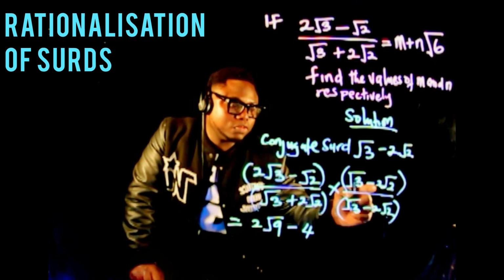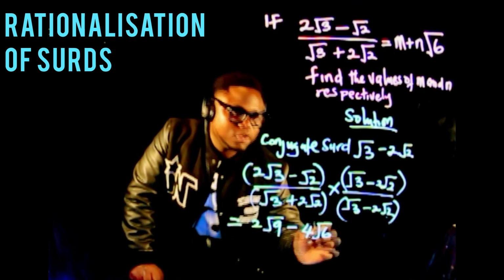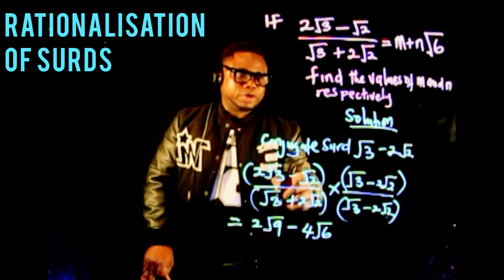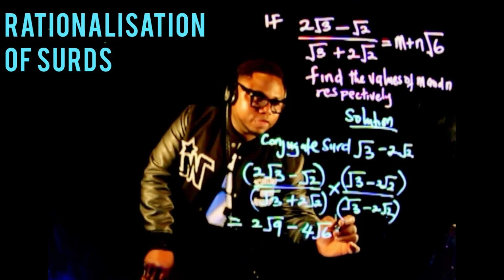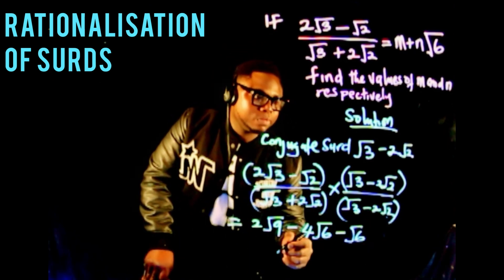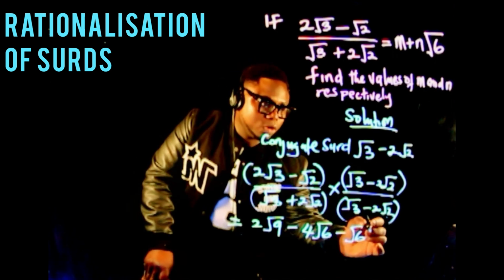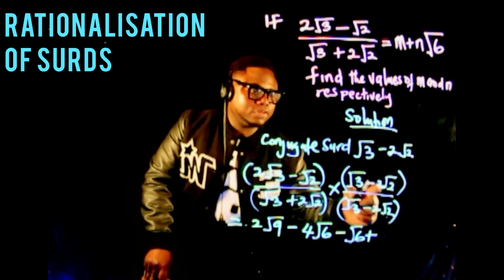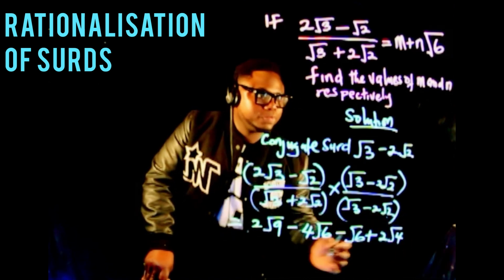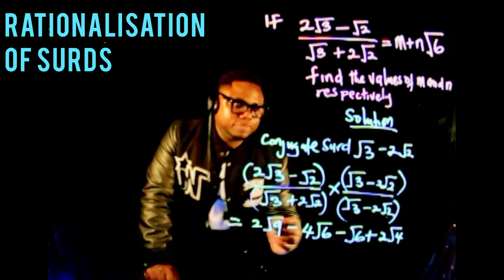So root 3 times root 2 is going to give me root 6, because 3 times 2 is 6. I'm going to do the same with minus root 2. So that's going to give me minus root 6, because 2 times 3 is 6. Then minus times minus is plus. Then root 2 times 2 root 2, that's going to give me 2 root 4. Okay, now divided by.